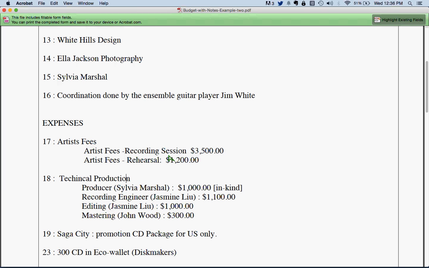Here you'll see that they have the producer, Sylvia Marshall, who is providing an in-kind service. And you'll see that they have put in a monetary value of her service as an expense of $1,000. But they've also made sure to note for us, the reader, that it's in-kind, so that we know that it's been accounted for on both sides of this budget.